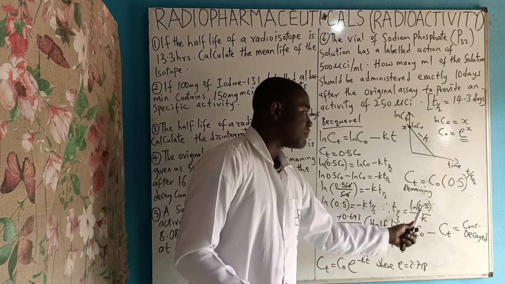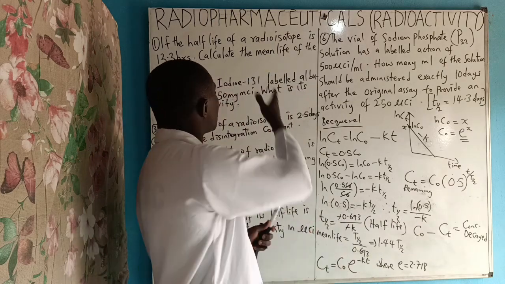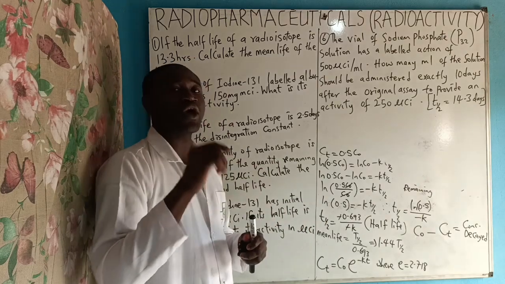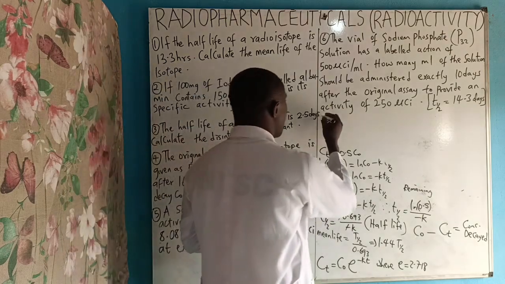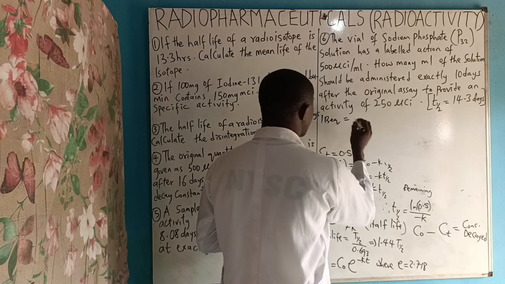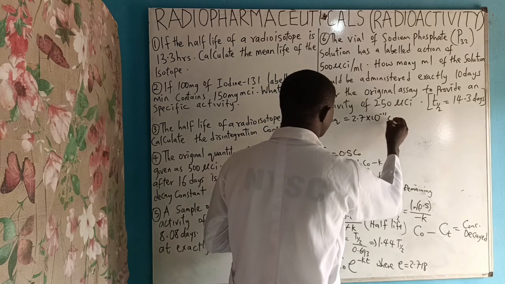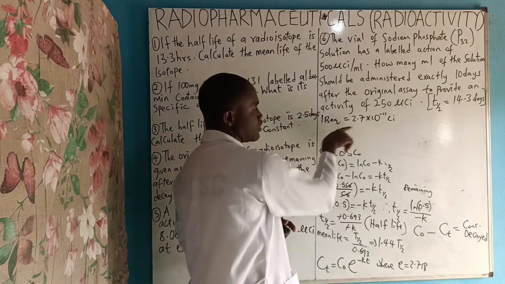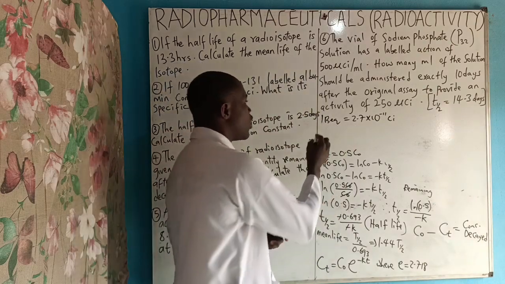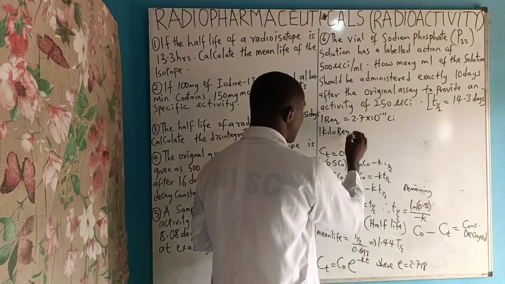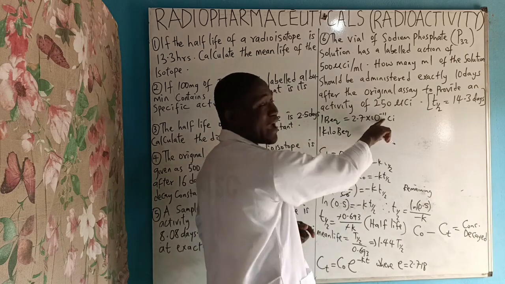So please have this in your mind as we run down these questions on the board. Okay, let's see. It is also important to note that 1 becquerel is equal to 2.7 times 10 raised to the power minus 11 curie. If you want 1 kilobecquerel, multiply this by 1000.